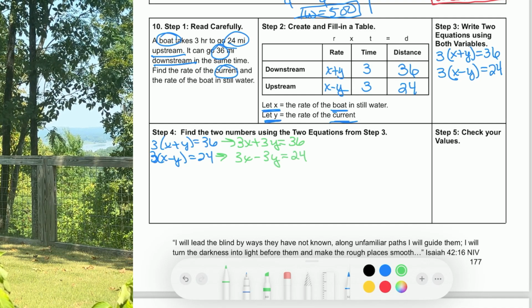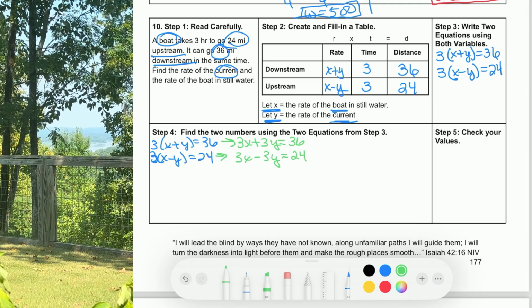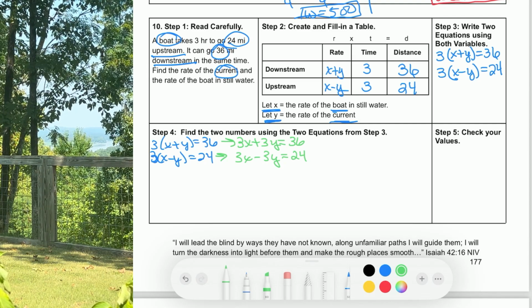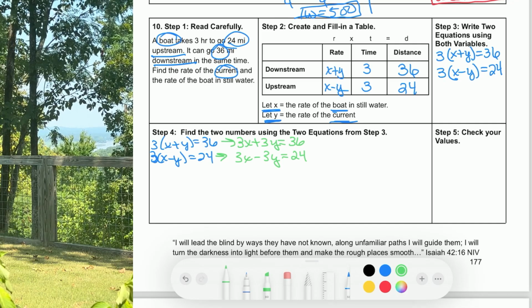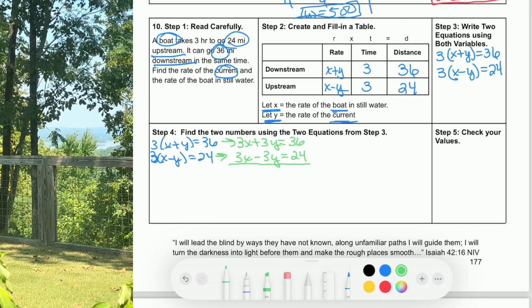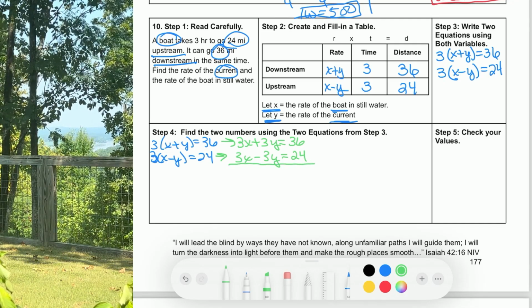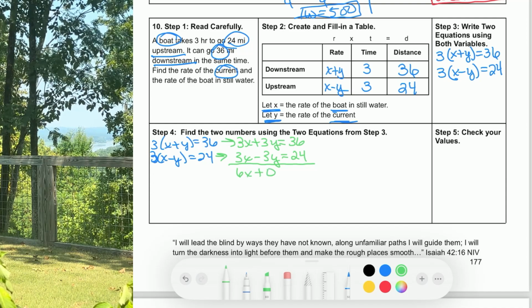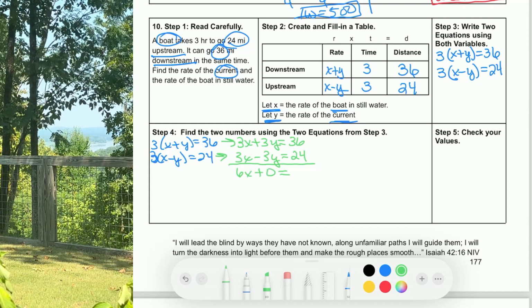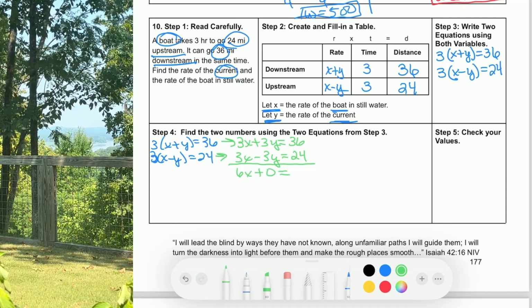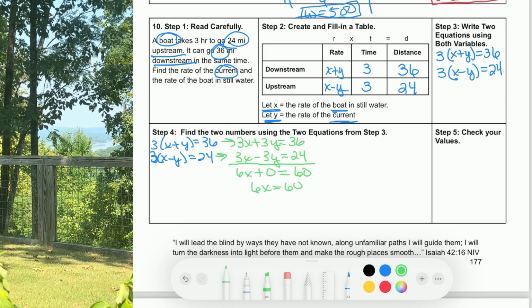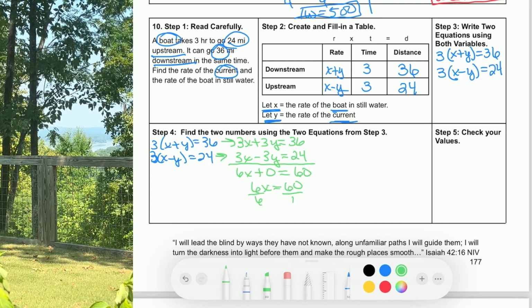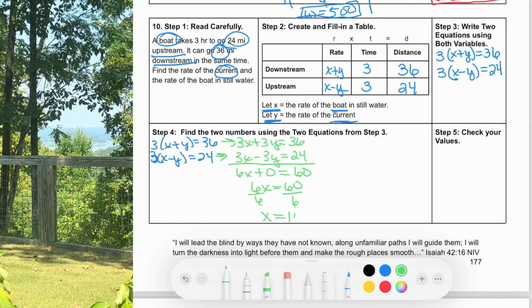Well, now I notice that my y values are the same, but opposite signs. So if I use elimination, I can go ahead and just add my equations and get rid of my y's. So let's do that. So I end up with 6x plus 0 because my y's cancel out. 36 plus 24 is going to be 60. So I have 6x equals 60. Divide both sides by 6, and I get x equals 10.